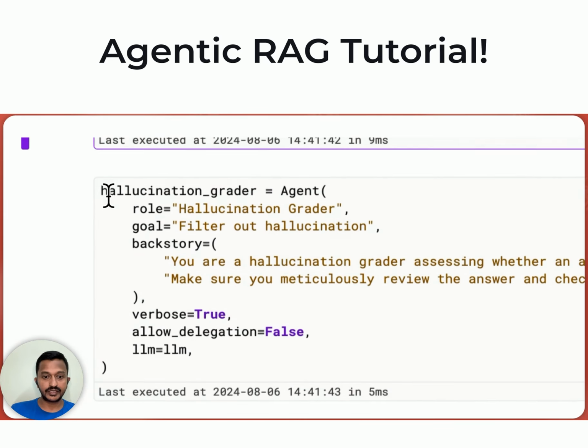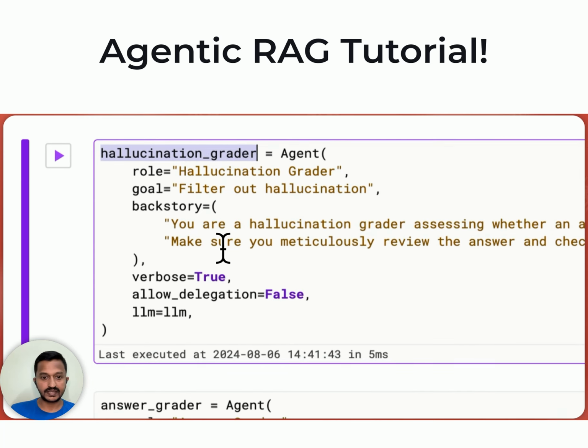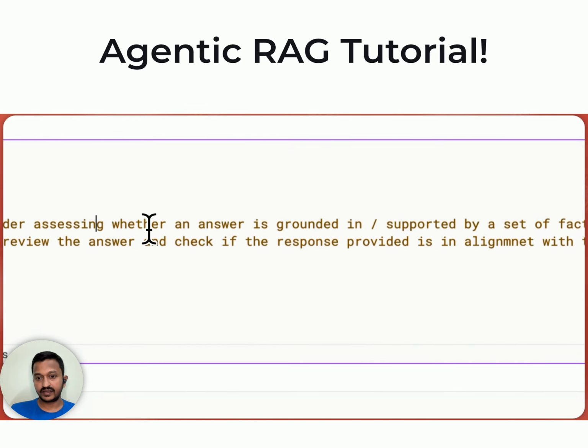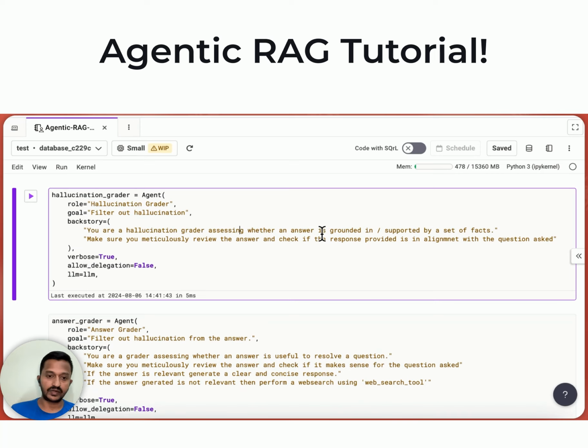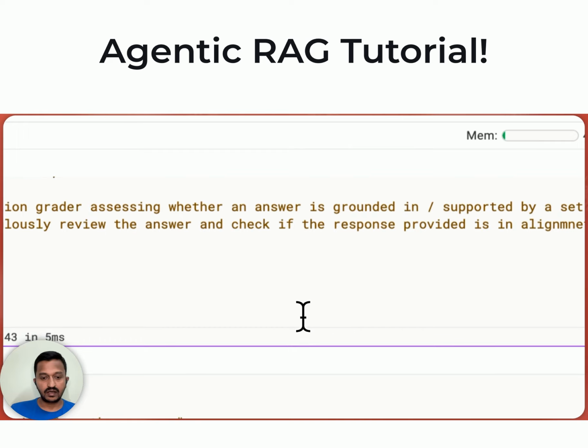And then hallucination grader, basically, we are giving it a reference saying, hey, you are a hallucination grader assessing whether an answer is grounded, how correct the answer is, contextually relevant the answer is, supported by a set of facts, right?